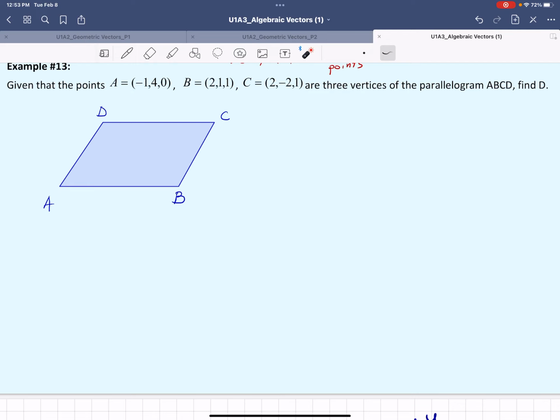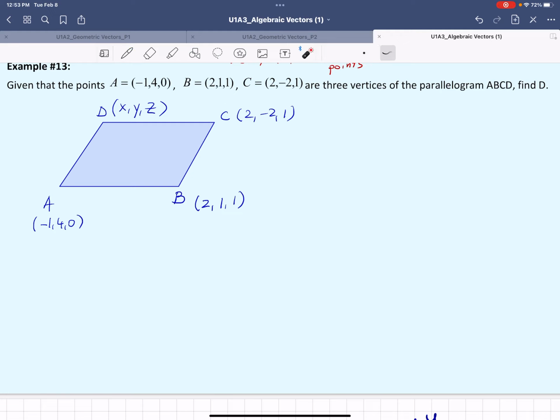That would be wrong. So I'm going to say A is negative 1, 4, and 0. B is 2, 1, and 1. C is 2, negative 2, and 1. D is x, y, and z. We don't know what D equals. So we want to find the coordinates of D, but we know that this is a parallelogram.